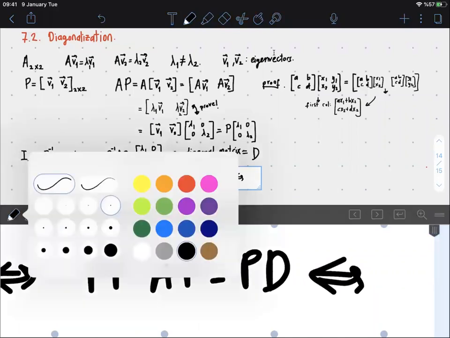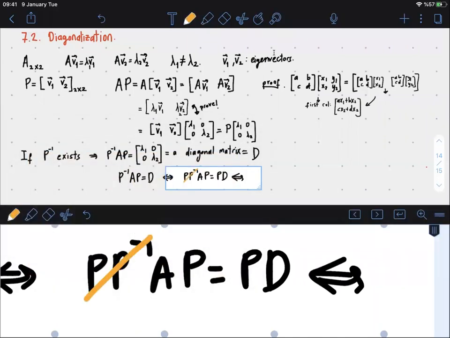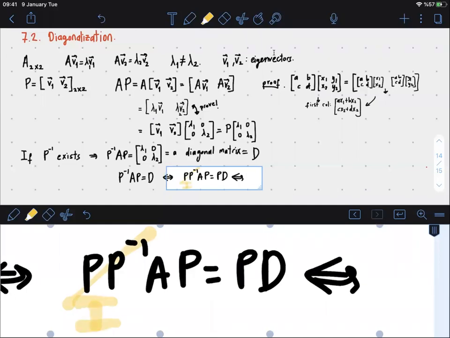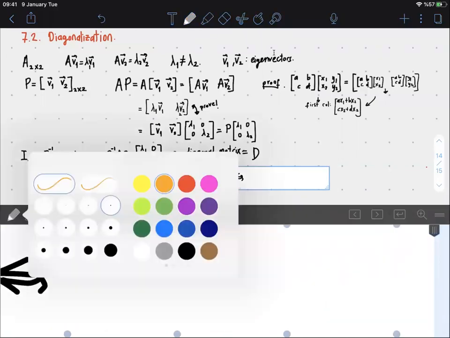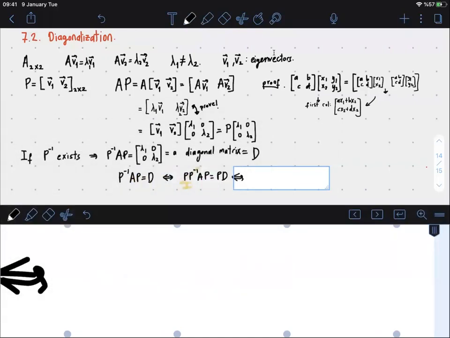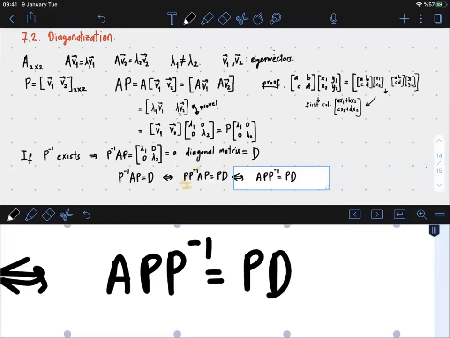So this is the identity matrix. And then what do I get? If I carry on one more time, I multiply AP by P inverse on the right: AP P inverse equals PD P inverse.